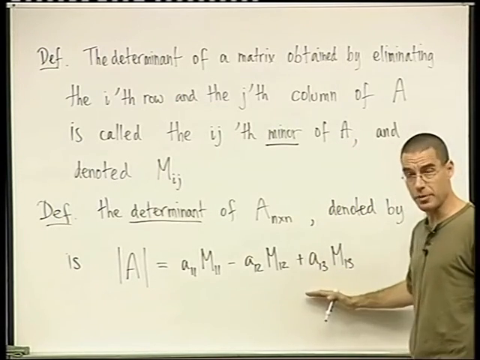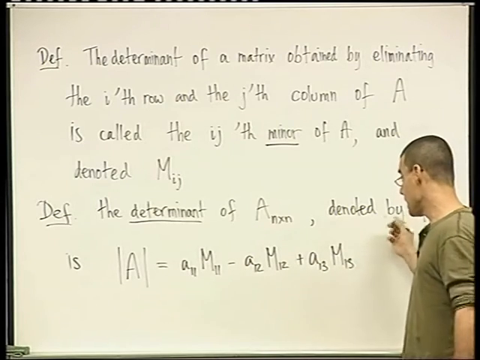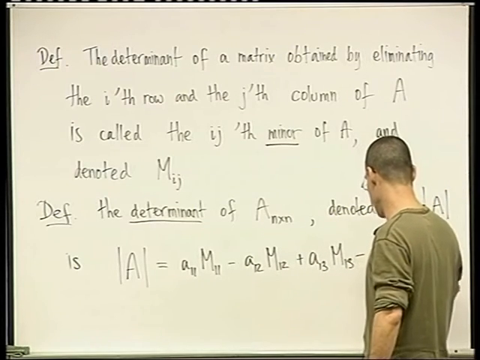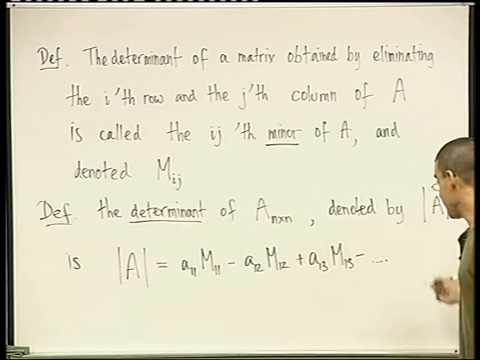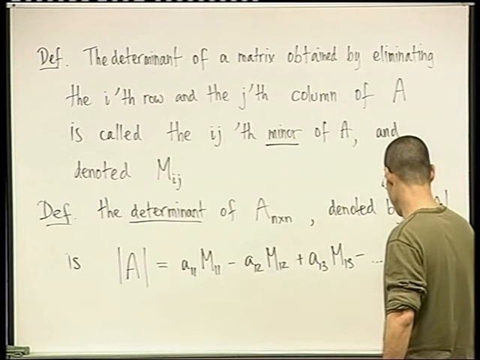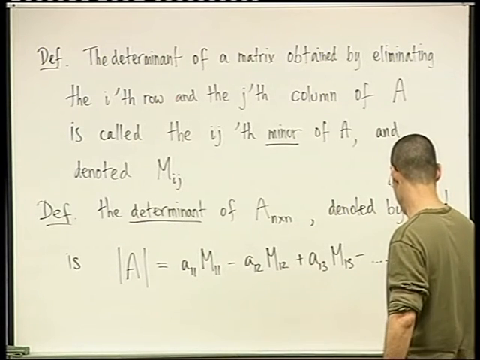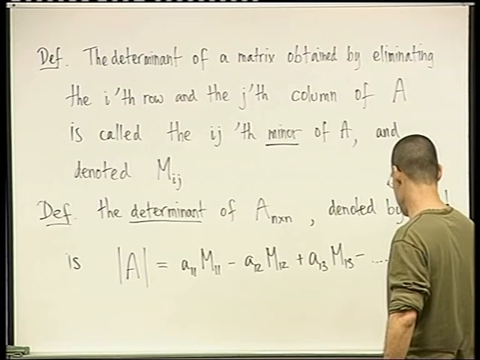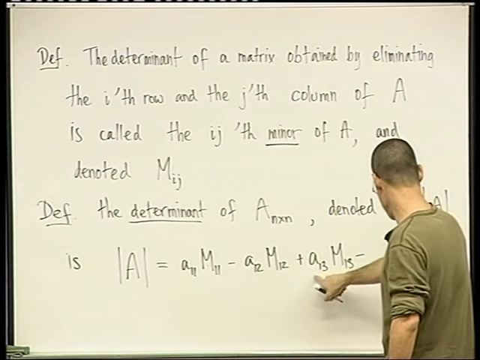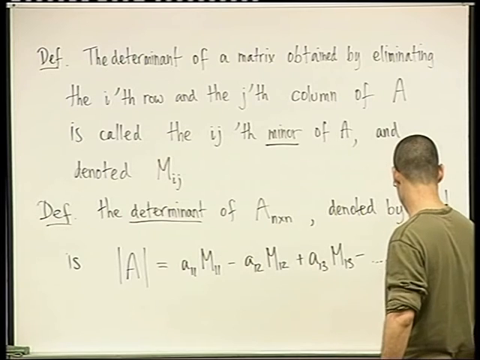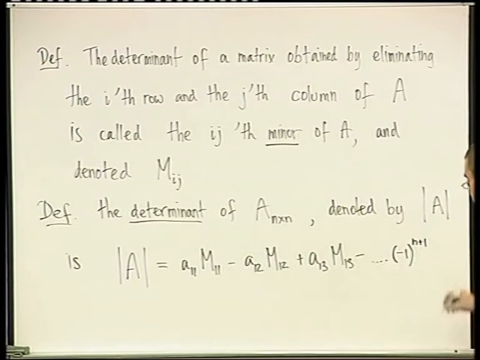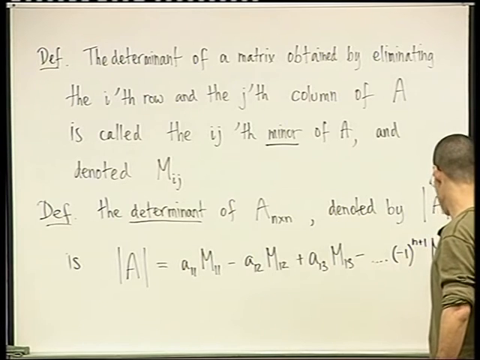When it was a 3 by 3 situation, this is where it ended. In general, there's going to be minuses and pluses here, all the way until you get to minus 1 to the power n plus 1 times M1n, because we want a plus when n is odd.